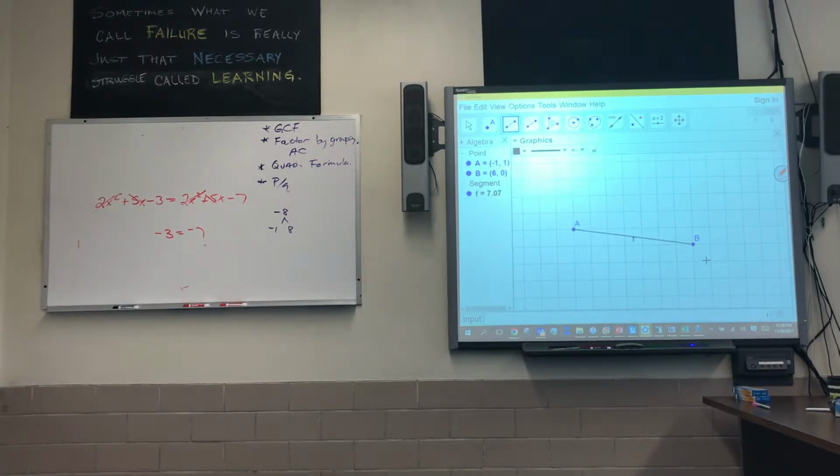It doesn't matter where A and B show up. Okay, but if I can find the midpoint between A and B, and we have strategies to find our midpoint, don't we? We have the ability to add our x's together, and divide by 2, so it can be 5 over 2. And add your y's together and divide by 2, so it gives me 1 over 2. And it finds me that midpoint, right?